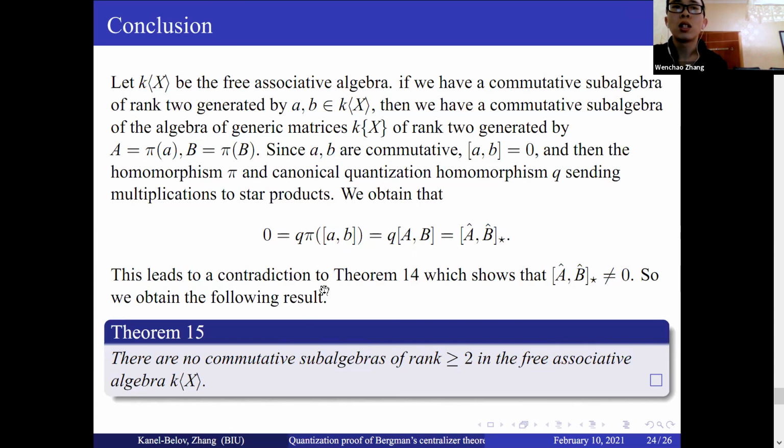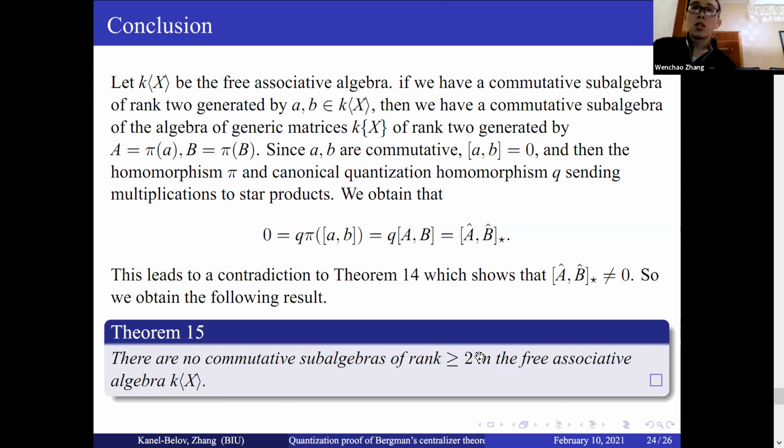This leads to a contradiction with what we just showed, that the star commutator is non-zero. So this means that there is no commutative subalgebra of rank greater than or equal to 2 in the free associative algebra.